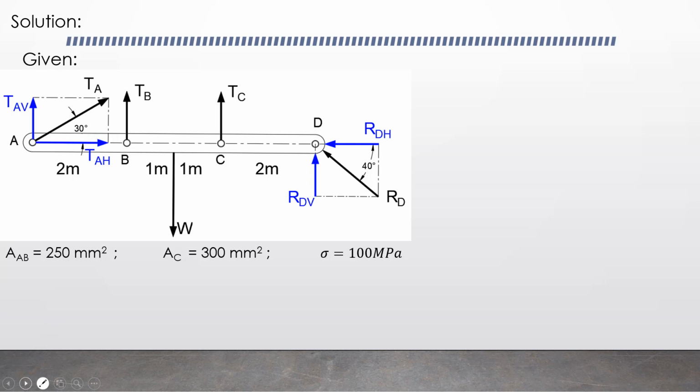We have here tension A, which is 30 degrees from the axis, and the reaction force, which is 40 degrees from the axis, and we know that our bar is in equilibrium. It means that our bar is not moving. So the horizontal component of the tension A is equal to the horizontal component of the reaction D.